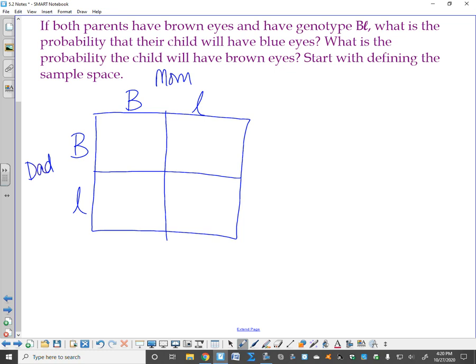Okay? All possible outcomes are all possible combinations of these genotypes. So the kid could have BB, BL, BL, or LL. So let's start by defining the sample space.